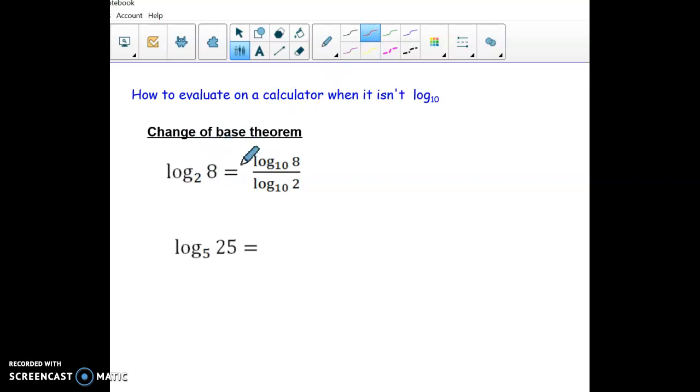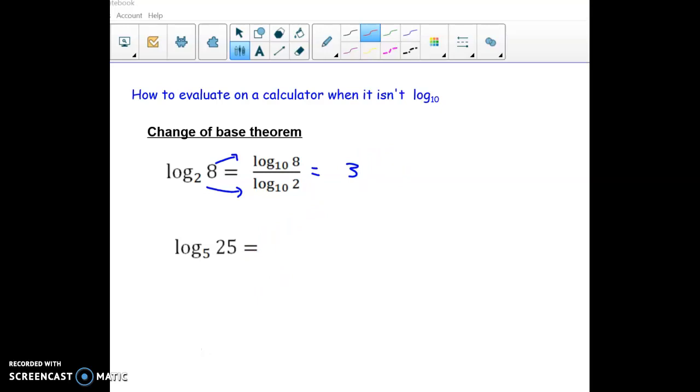And how that works is you make this log base 2 into 2 base 10 logs. That's why it's called change of base, because it goes from base 2 to base 10. Okay, and what you do is you take whatever number's here and do the log base 10 of that on top, and then you do log base 10 of this on the bottom. And if you type that in your calculator, you should get 3 like we did before.